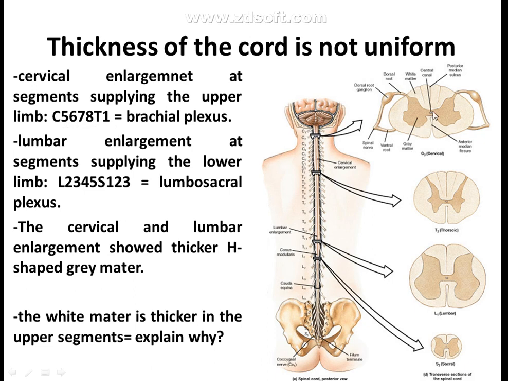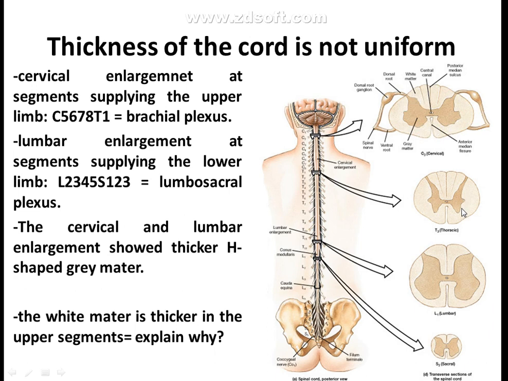And so at these segments, the ventral horn, which is the motor horn, is very significant in function, because here the neurons in the ventral horn of the gray matter form the brachial plexus, so we have a big ventral horn. And so this big ventral horn leads to an enlargement in the cervical region at these segments.